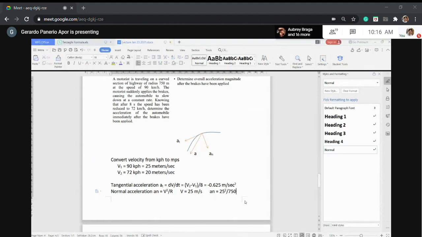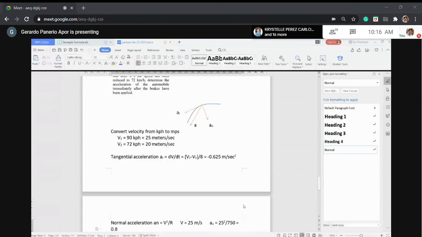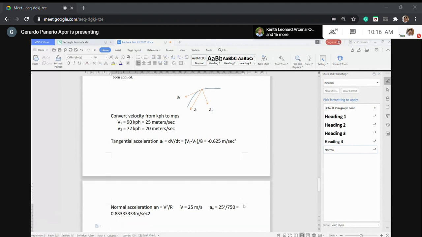That is equal to 25 times 25 divided by 750, so you have 0.833 meter per second squared.